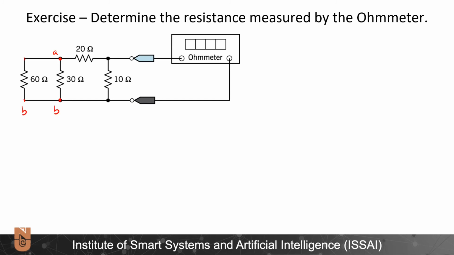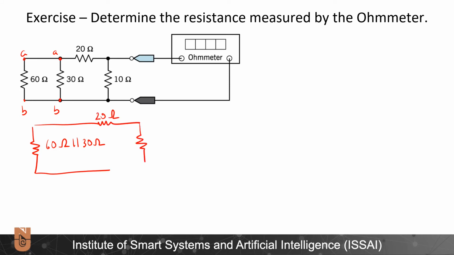They are connected to A and B. So the resultant circuit will look something like this: 60 ohms in parallel with 30 ohms, whatever that value is, connected to a 20 ohm resistor. And here I have a 10 ohm resistor. And I measure the resistance from these output ports.